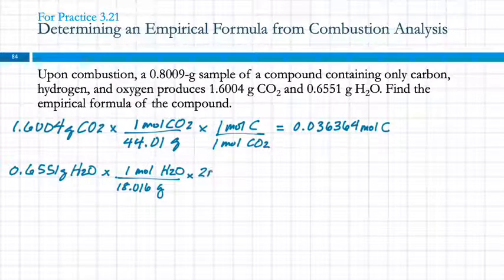And then 2 moles of hydrogen per 1 mole of water. And you might be beginning to see why I insisted that you learn how to write stuff down. Because good luck doing this one in your head. There's just too much stuff going on here.